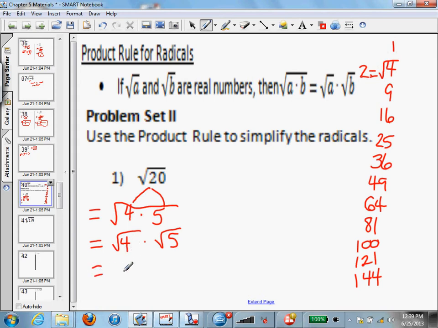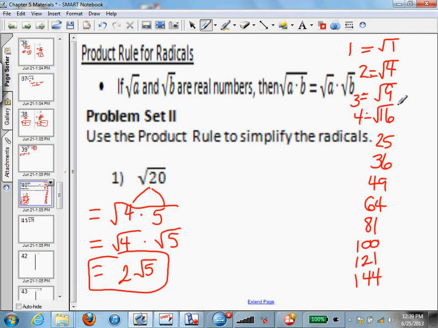So we can make this square root of 4 into a 2 and leave the radical 5 attached, because radical 5 cannot be broken down any farther. And I'll go ahead and write these over here. These may be important to know later on. And you're going to try to break down anything inside a radical to these kind of numbers.